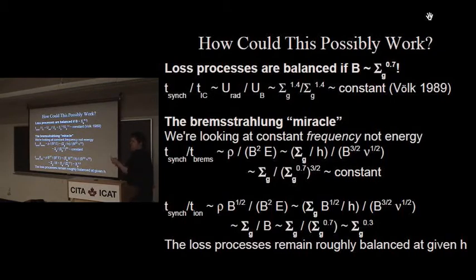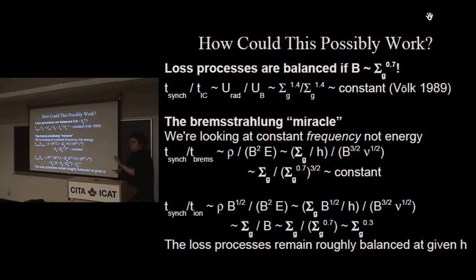The Schmidt law says that the radiation field goes as gas surface density to the 1.4 power. And with this magnetic field strength, the ratio of the magnetic fields to the radiation is constant. So the ratio of inverse Compton from the radiation to synchrotron stays the same from one starburst to the other. And what's less expected is that the ratio of Bremsstrahlung to synchrotron also remains constant.